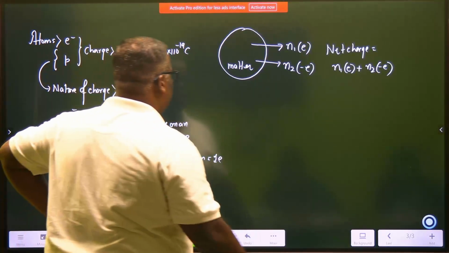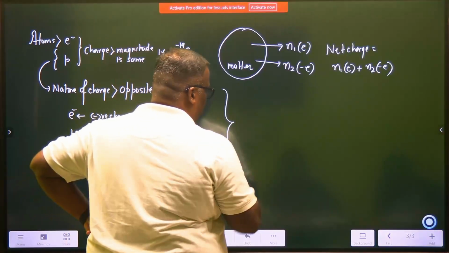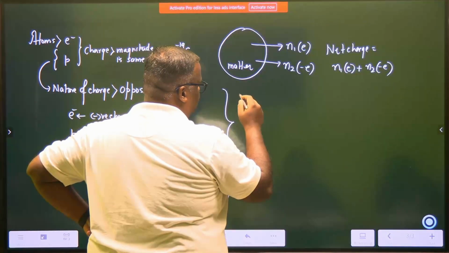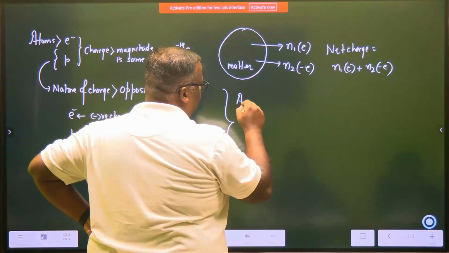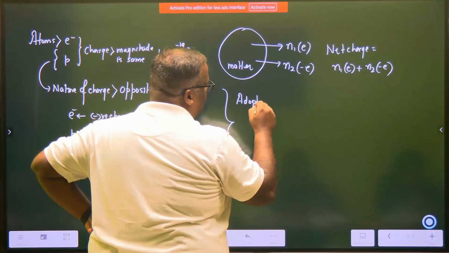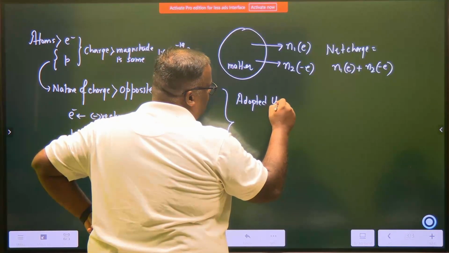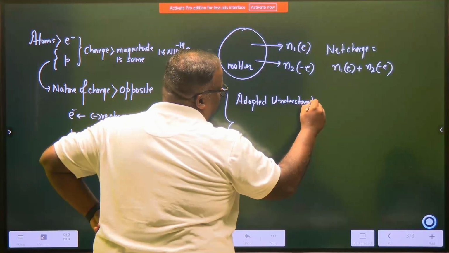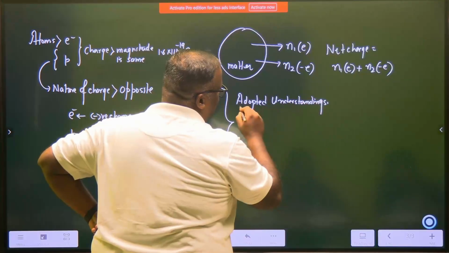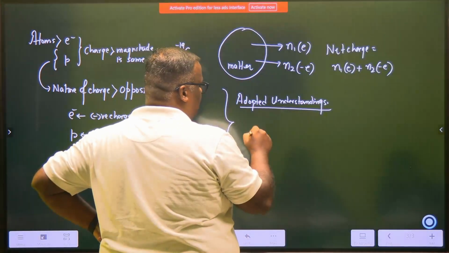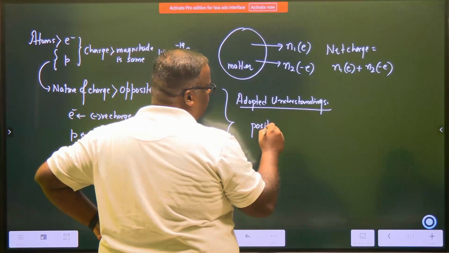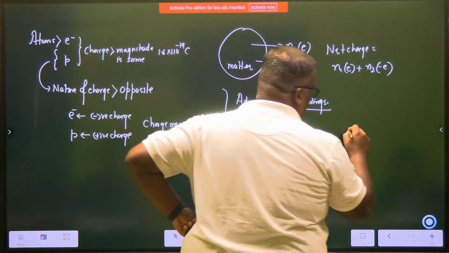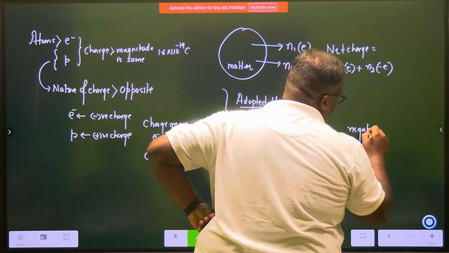So the adopted understanding based on which electrostatics studies will proceed is that we have a positive charge and we have a negative charge.